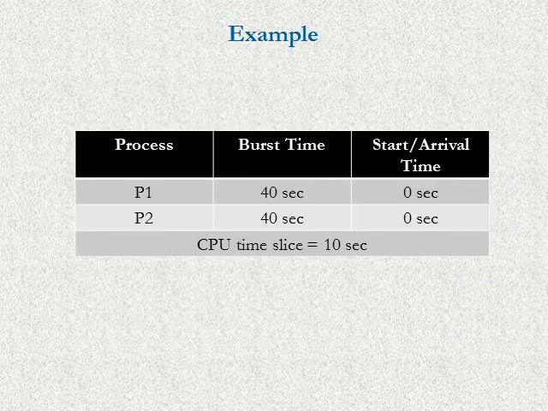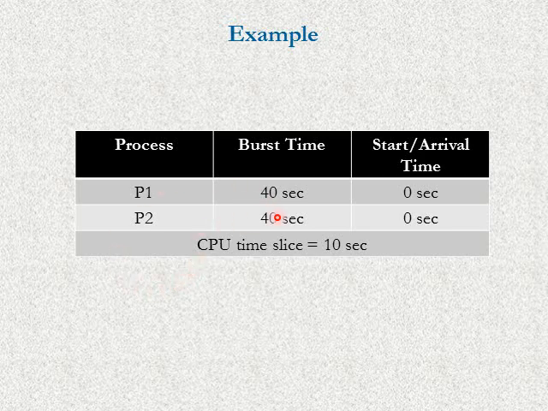So now let's see an example of how we have two processes and how they can share the processor. As we know that both of them cannot be in the processor at the same time, we will see how they will take turns. So in this example, we have two processes, P1 and P2.